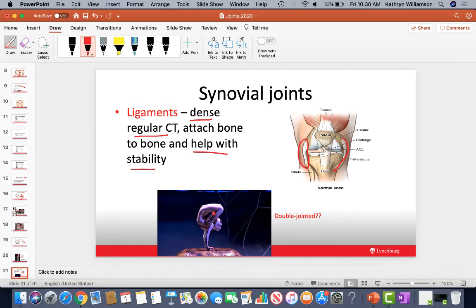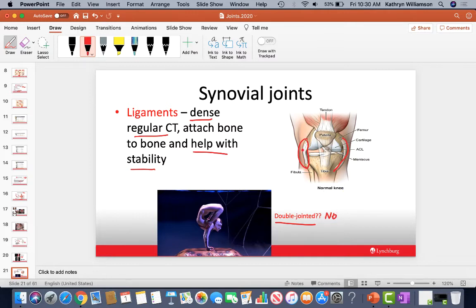So when we see people like this performer with Cirque du Soleil, people say, oh, well, they're double jointed. That's how they can have flexibility like that. Well, is there such a thing as double jointed? No, there really isn't.